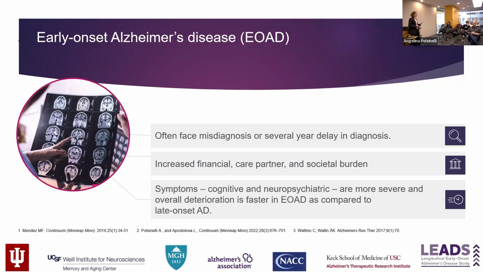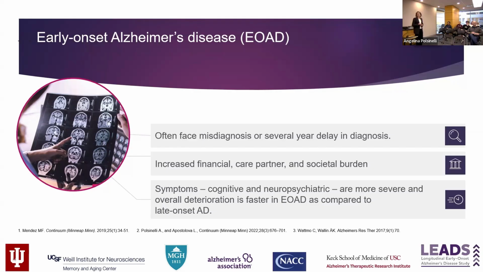You can imagine that somebody in the prime earning years of their life often has children, might even be a primary care partner for an aging parent, and is contributing to communities, religious affiliation communities. There's a lot going on. And so a diagnosis at this time can be particularly devastating.